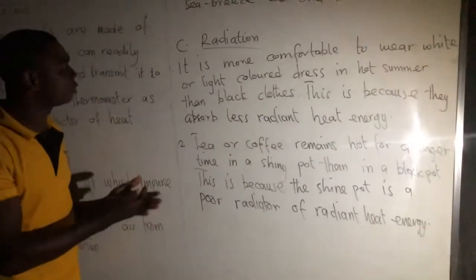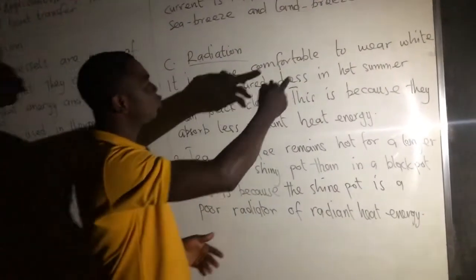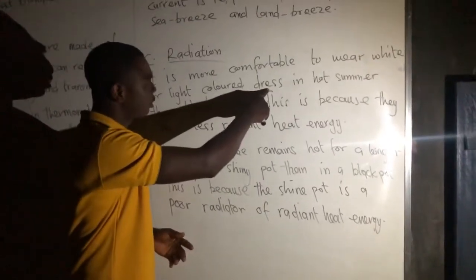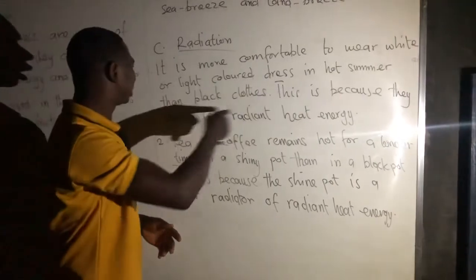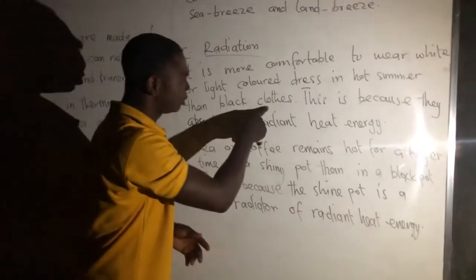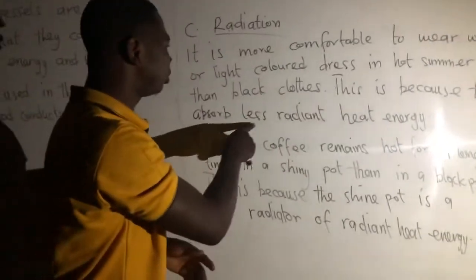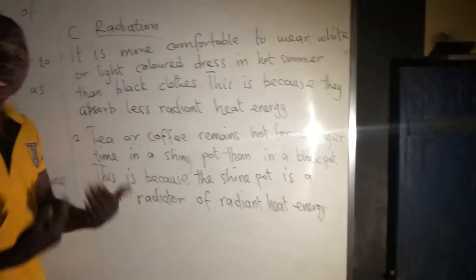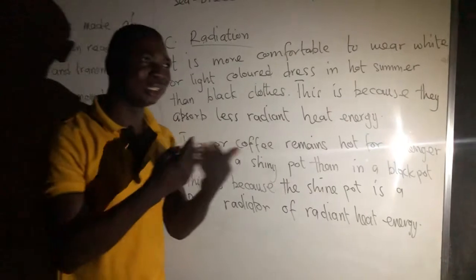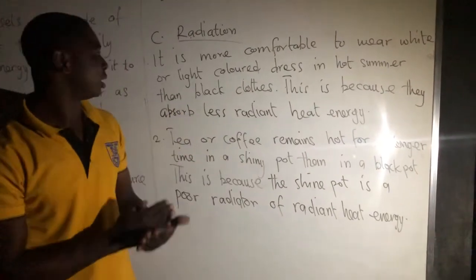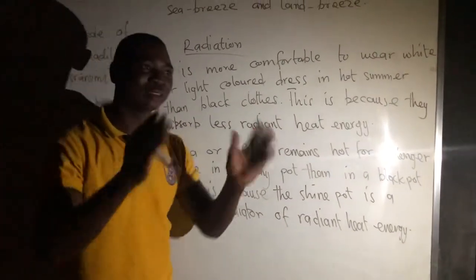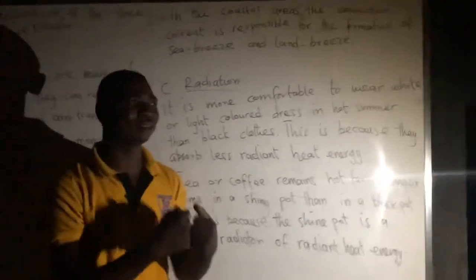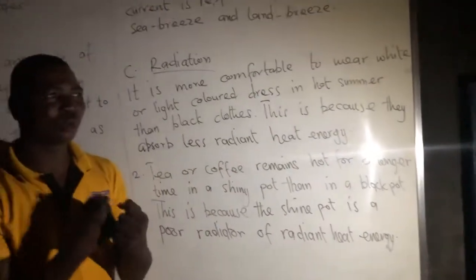So the practical aspect: it is more comfortable to wear white or light colored dress in hot summer than black clothes. This is because they absorb less radiant heat energy. When you wear black clothes during the hot summer time, when the sun is shining, you'll be feeling more hot, more heat.